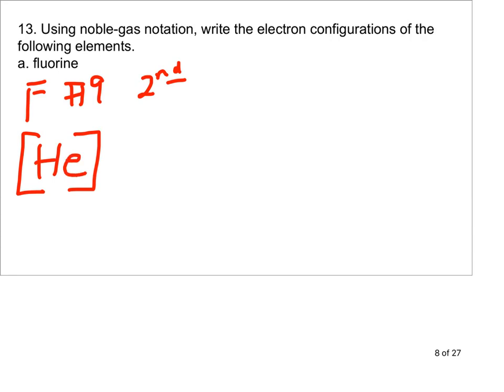But we start with helium, the noble gas preceding it. We move down to our second row, 2s2, and we slide over and find fluorine in the p block, so 2p, and it's the fifth element in that p block. So helium 2s2, 2p5.